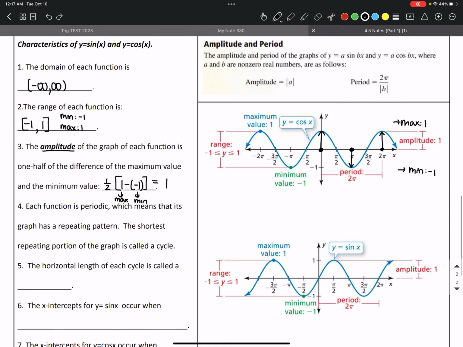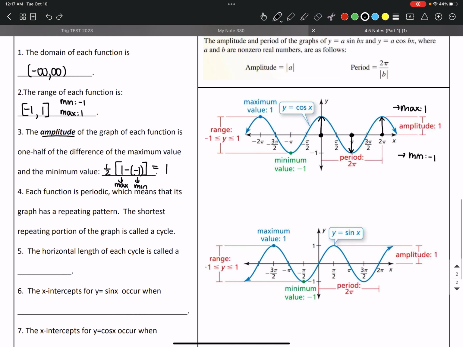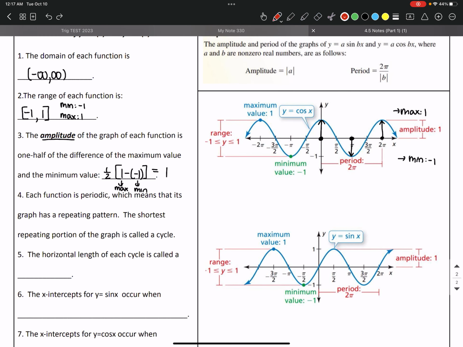The next thing that I want to talk about is that each function is periodic, which means that its graph has a repeating pattern. And the repeating pattern that I see is, I'm going to start at the y-axis. For the cosine graph, I'm starting at the maximum and then going down. And then I want to see, where do I see that happening again?